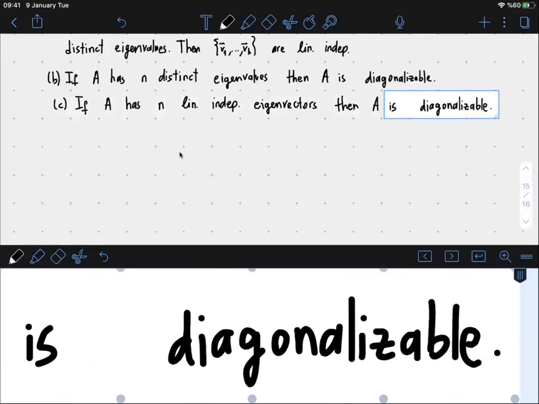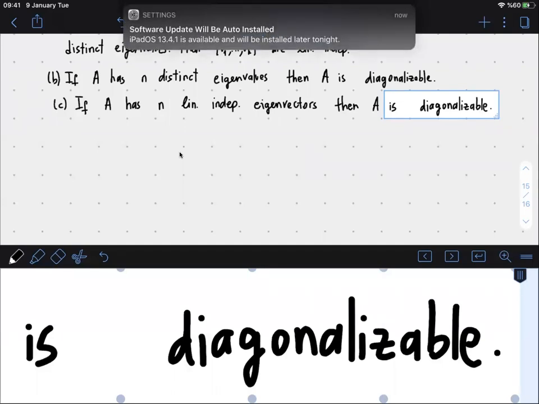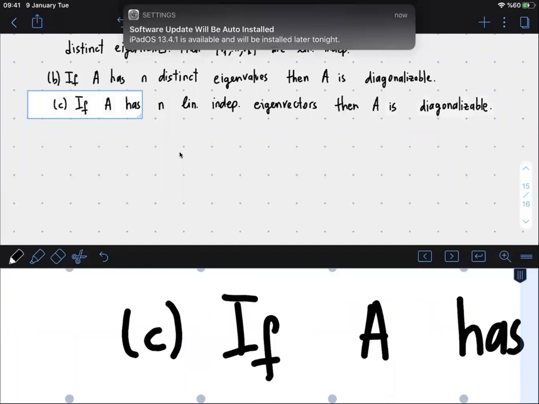Okay, so what is the distinction between part B and part C? In part B, we said if A has n distinct eigenvalues, then A is diagonalizable. Part C says if A has n linearly independent eigenvectors, then A is diagonalizable. And by the way, this is not just if, this is if and only if.